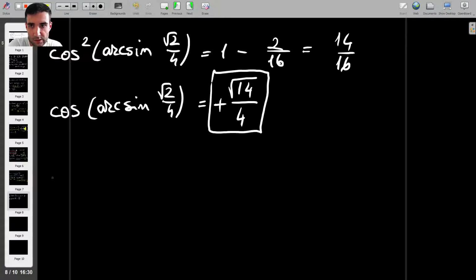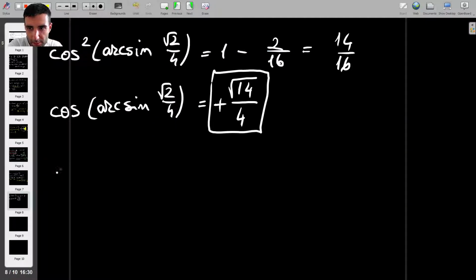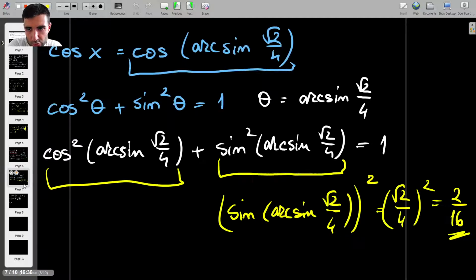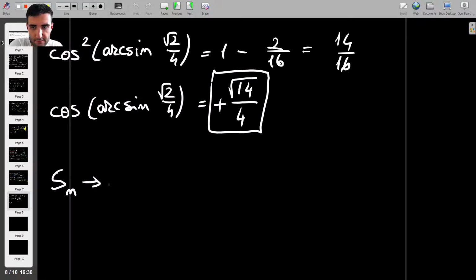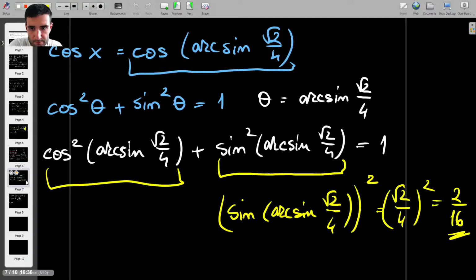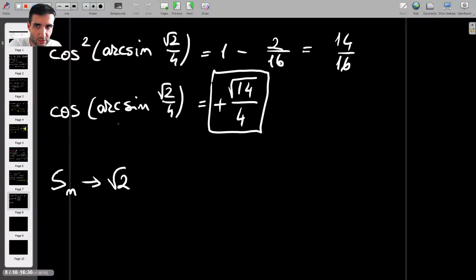So that's good. We can now finish the question by finding the limit. So the sum Sn will go towards root 2 cosine of that. So root 2, and then we have cosine of x, but x is this. And we just found what cosine of arcsine of root 2 over 4 is.